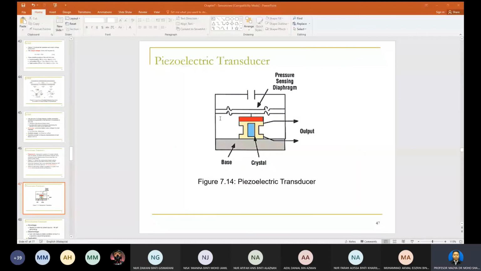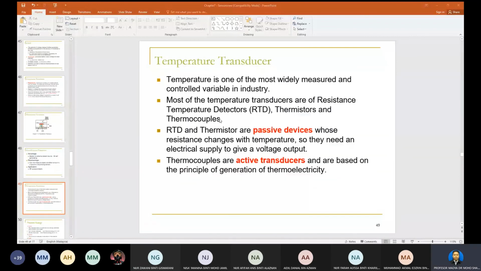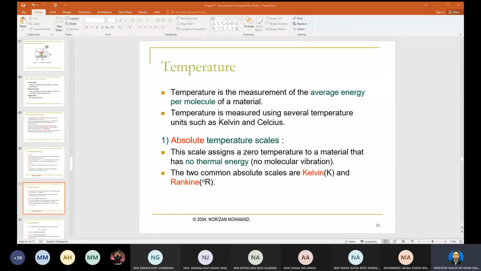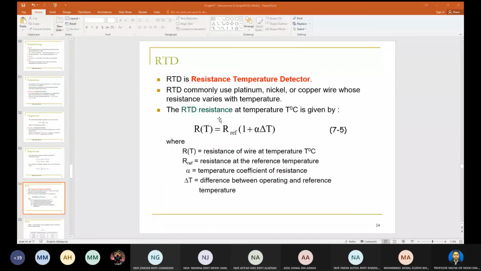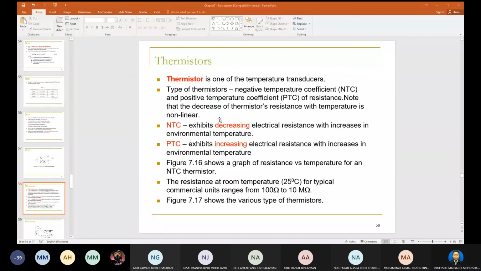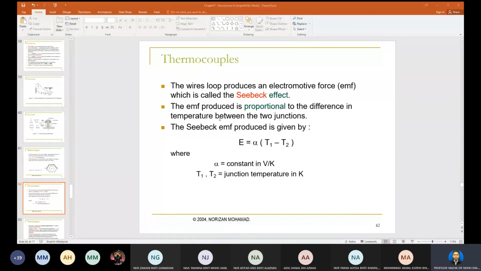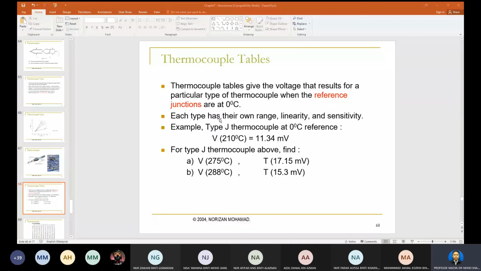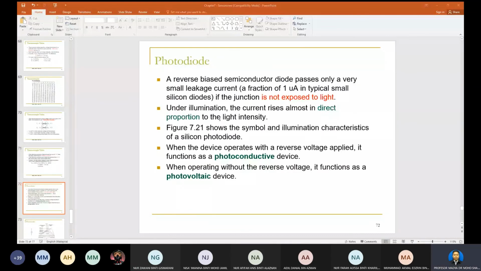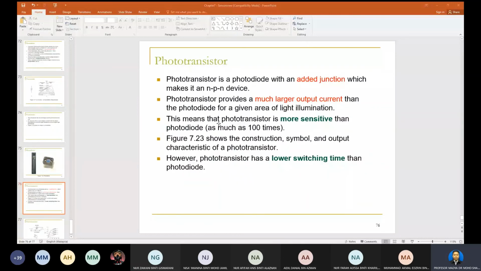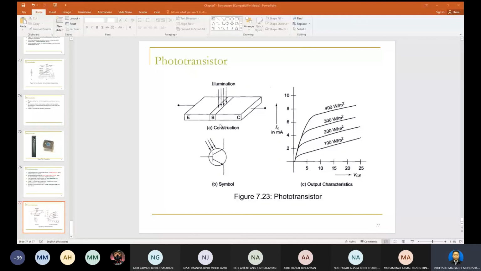We have the temperature transducer: the thermal energy, temperature, RTD, thermistor, thermocouples, photodiodes, phototransistor, and that's all. This will be covered next week. So our syllabus for the sensor is until phototransistor.